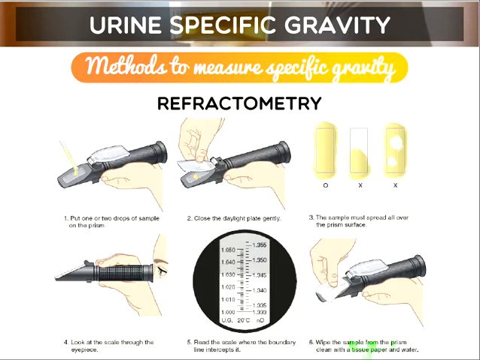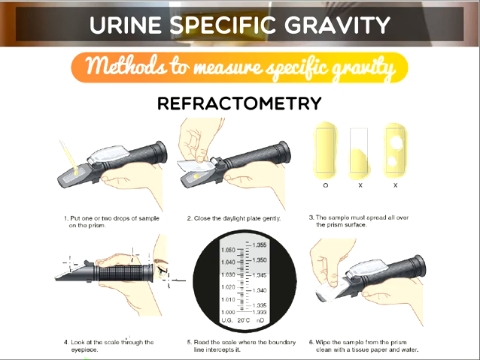So here is an example of the refractometer. Number 1, put 1 or 2 drops of sample on the prism, and then close the daylight plate gently. Your sample must spread over the prism surface. Then close it and look at the scale through the eyepiece.